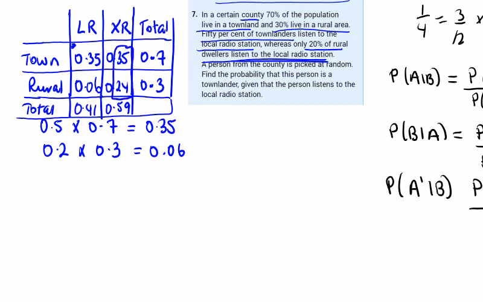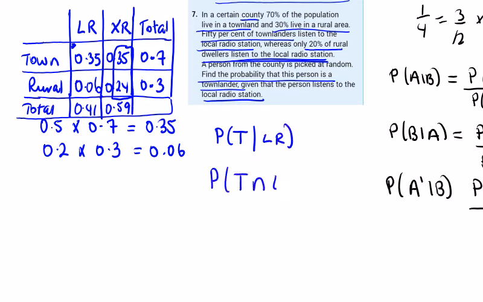Okay, let's have a look now at the question. The probability the person is a townlander, so the probability that they're from town given they listen to the local radio. So this is my conditional probability. Where does town intersect with local radio over the probability of local radio?